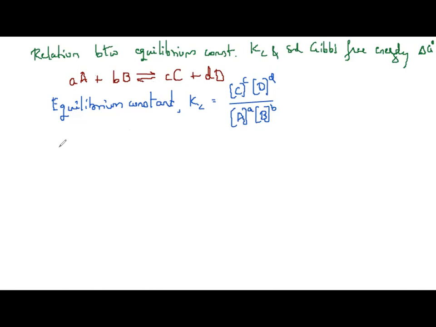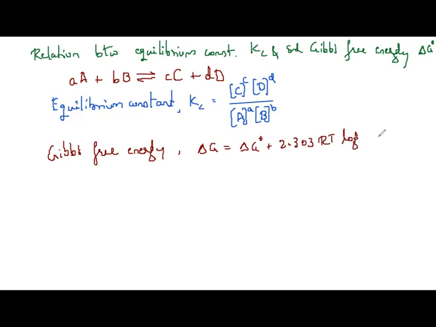What is Gibbs free energy? We have studied the Gibbs Helmholtz equation, right? So Gibbs free energy for a reaction under any condition is related as delta G is equal to delta G naught plus 2.303 RT log K. First I'll say log K only, let me not write it as log Kc.